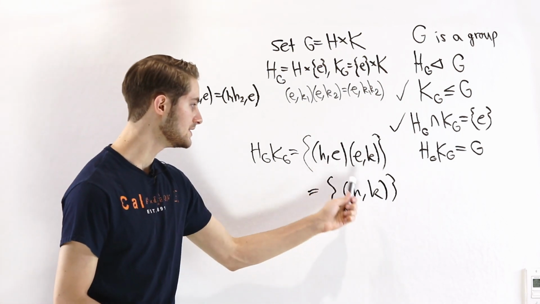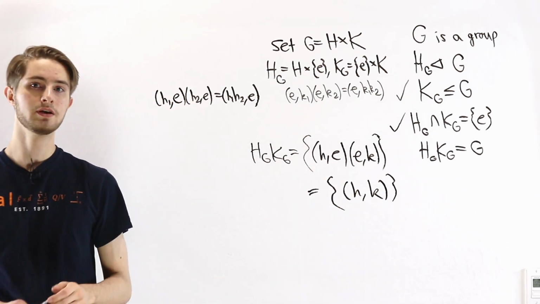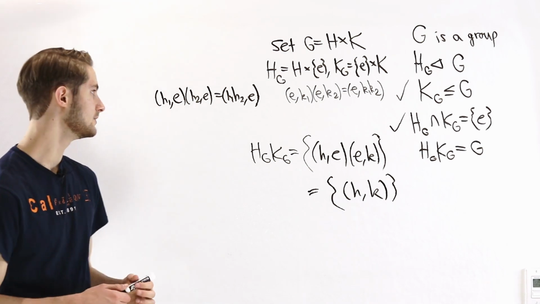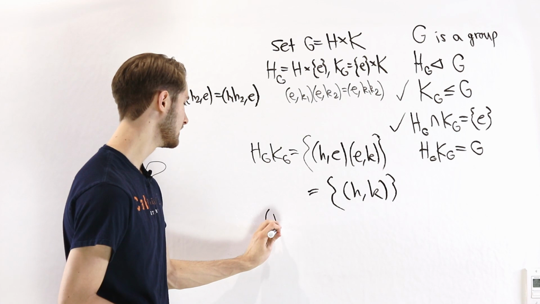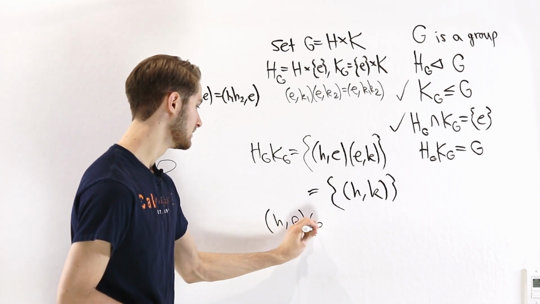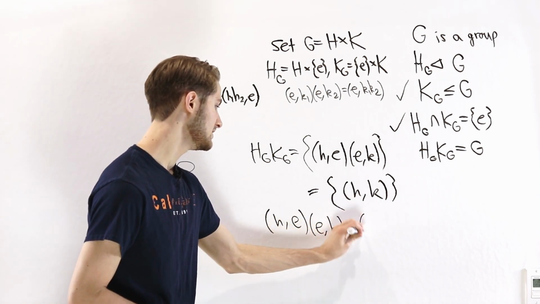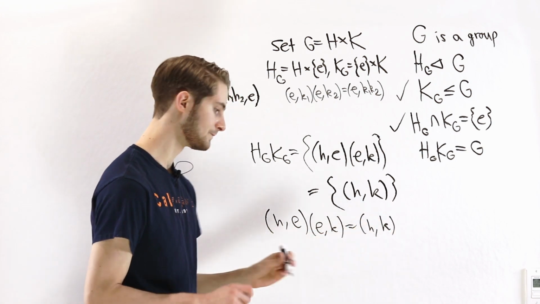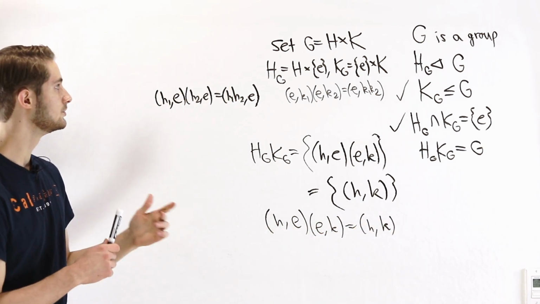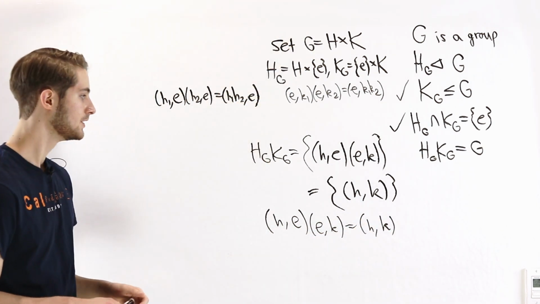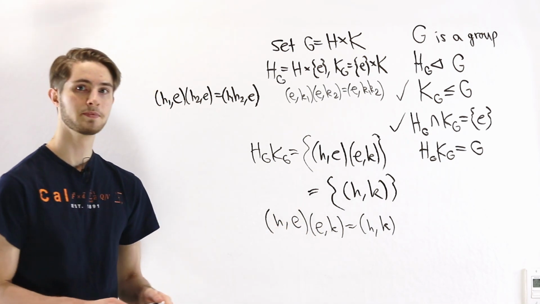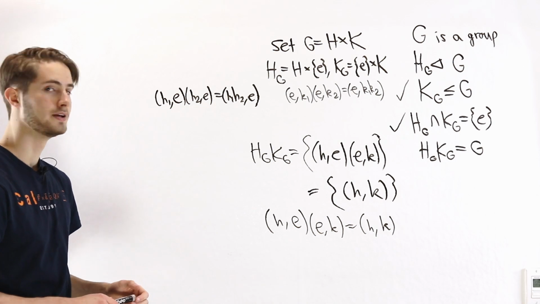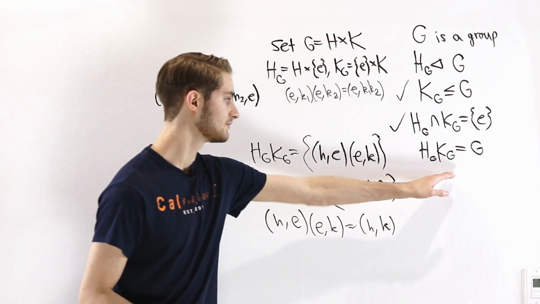Now if we want these two sets to be equal, there's one easy way that we can do it. We can define our group law so that (H, E) times (E, K) is equal to (H, K). Now if we're looking at two arbitrary groups H and K, we don't necessarily need to define our group law this way. But if we define it this way, it very easily gives us this final condition.